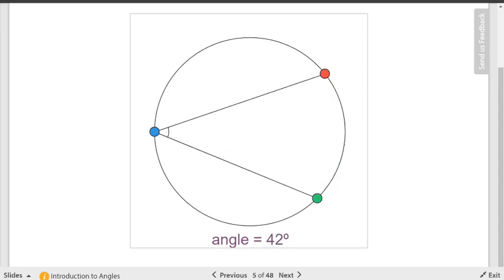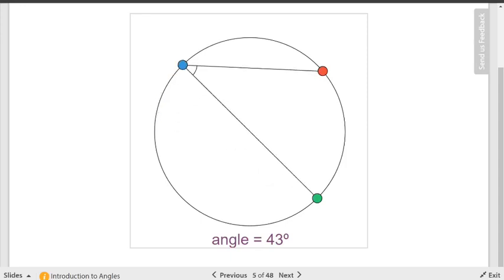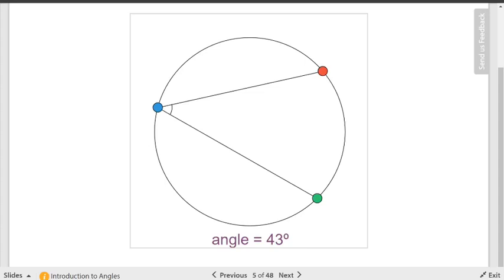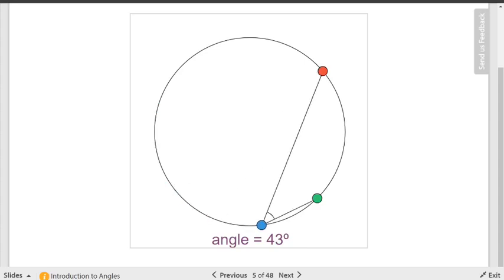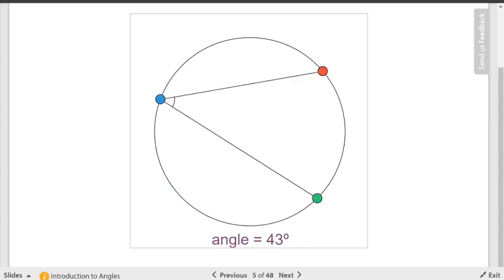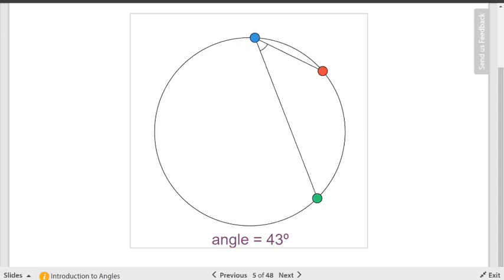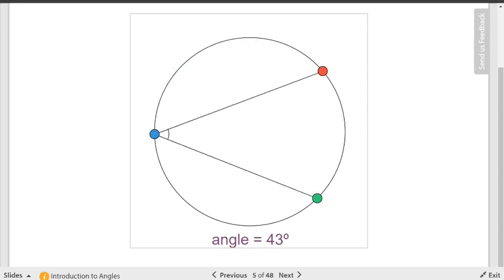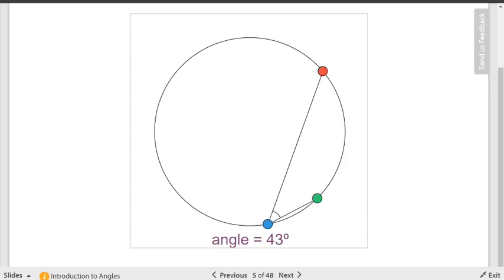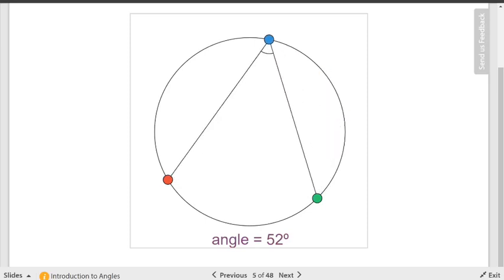Right, there you go. But watch this. Watch what happens when I move the vertex. It doesn't change. It doesn't change. The position of the vertex makes absolutely no difference. So it can be pointing upward like this, or another direction.